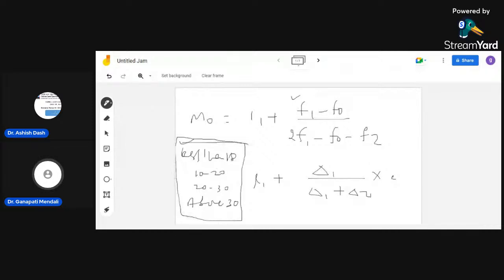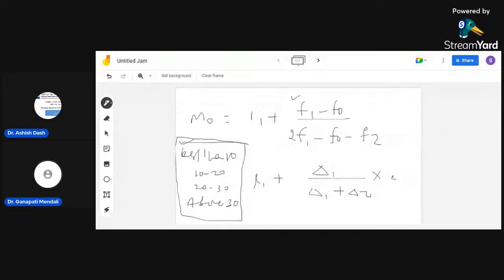Marks can be anything: 0, 1, 2, 3 up to 9. Above 30 means that marks can be anything, maybe 35, 98, 78, anything. But here the demerit is that it is not possible to do further algebraic treatment, and the value of the mode cannot always be determined.